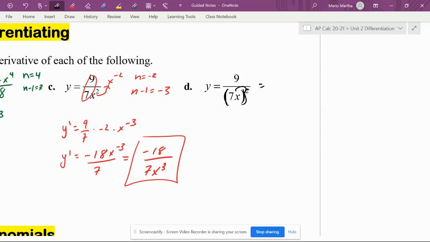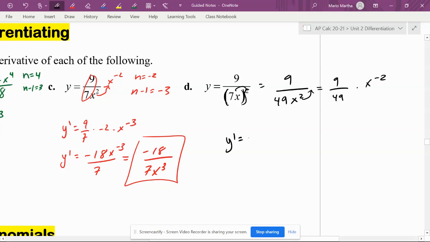So here, make sure you distribute the squared first inside the 7x. So 9 over 7 squared, which would be 49x squared. And then your constant is 9 over 49 times x, remember to rewrite it with a negative exponent, so x to the negative 2.